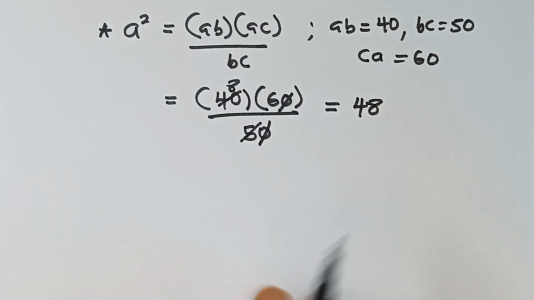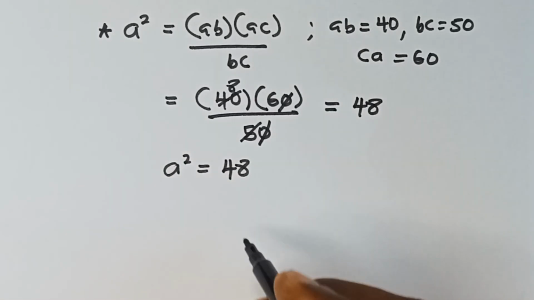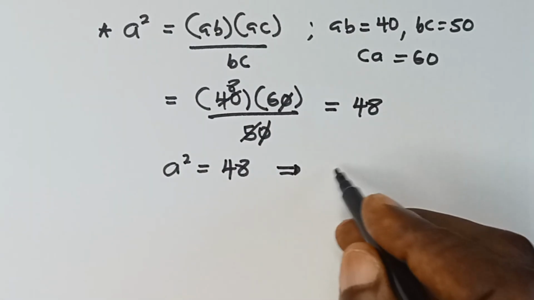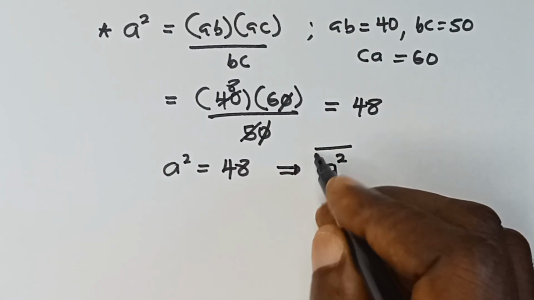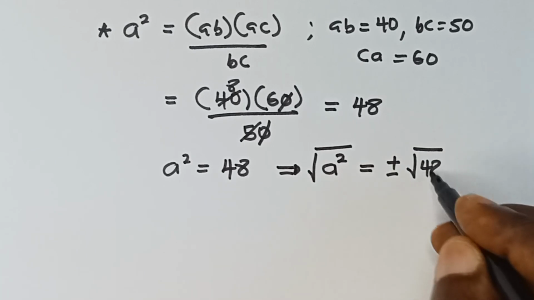All right, now let's find A. If we have A square to be 48, that means we take the square root of both sides, then we have plus or minus square root of 48.